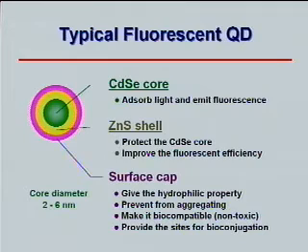Because cadmium selenide is quite sensitive to air and water, it usually is covered with zinc sulfide for protection. Another reason zinc sulfide is used is that it can also improve the fluorescent efficiency, because the bond length of zinc sulfide is quite similar to that of cadmium selenide.